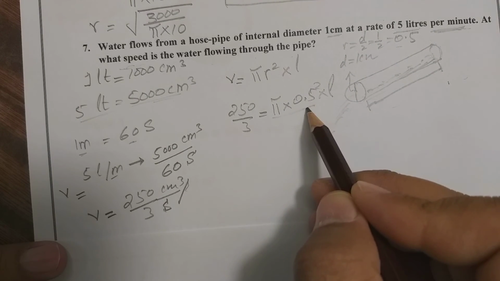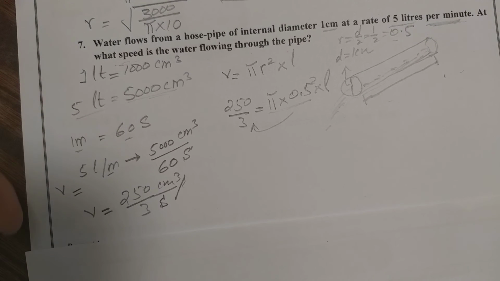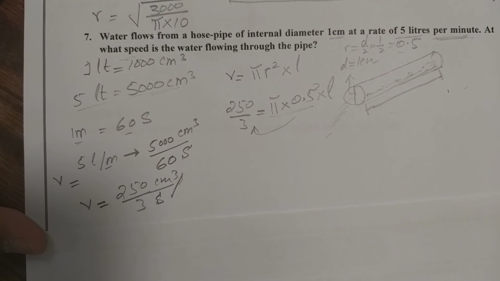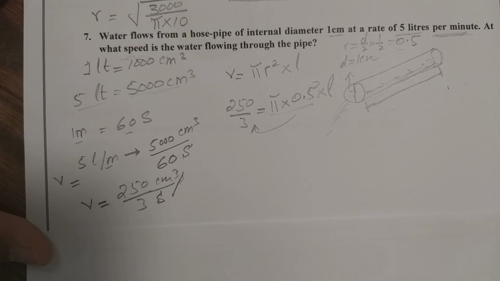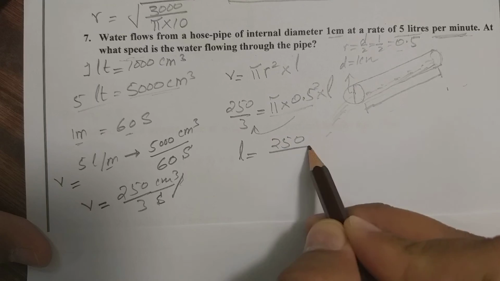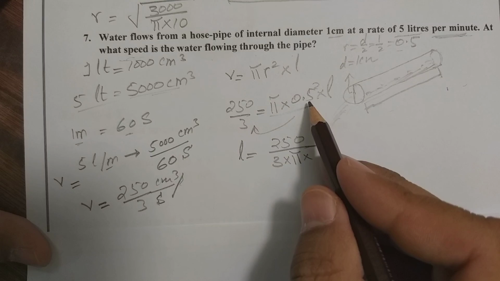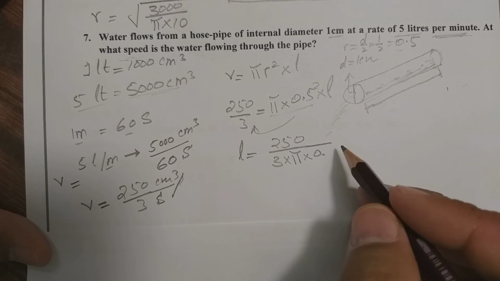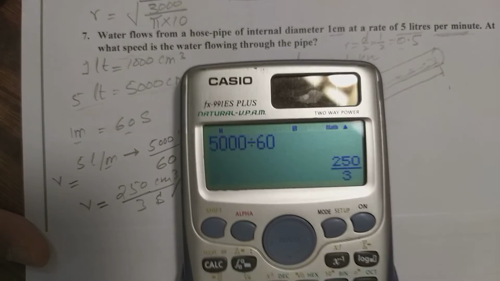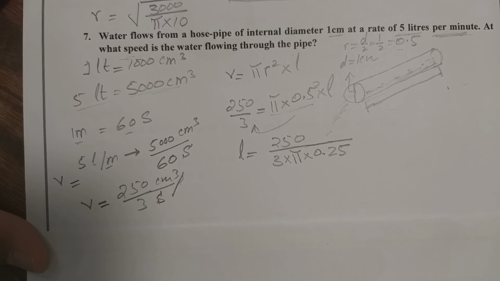These are all multiplication, so when you transfer them to the other side of the equation, they become division. So the length equals 250 divided by 3, transferred to the other side, and 0.5 squared means 0.25. Now simplify it.